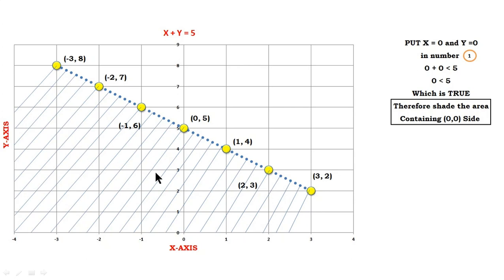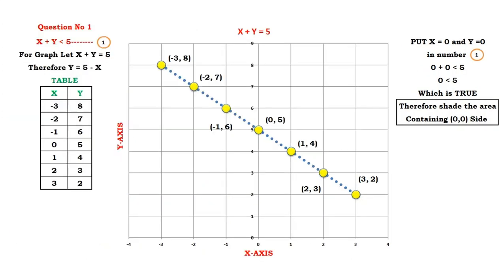First of all, I repeat again, you have to calculate the values of x and y from this equation. Then draw the graph, and the graph should be like that. If an equality sign is there, you have to draw the dark line. If only a less than or greater than sign is there, you have to draw the dotted line.